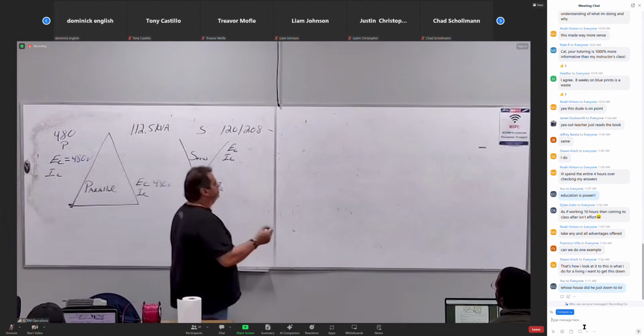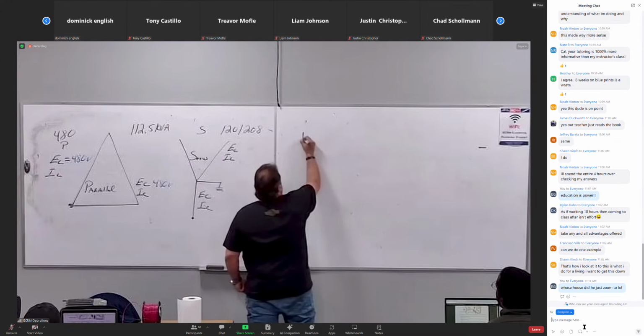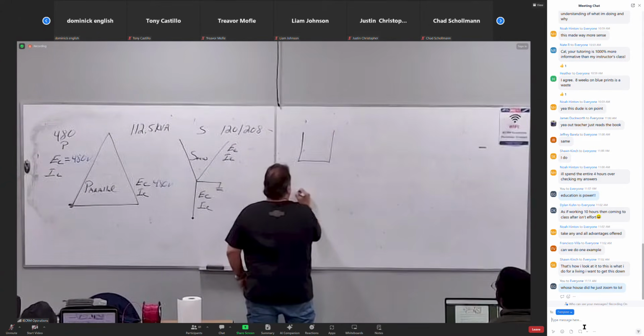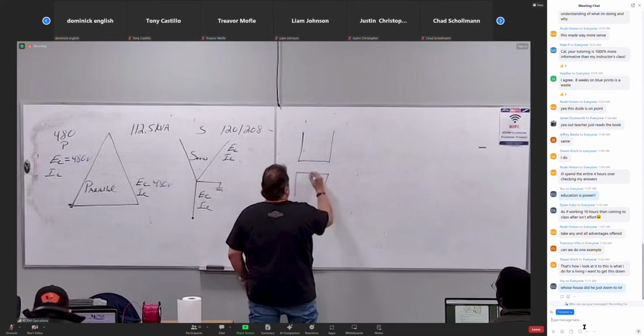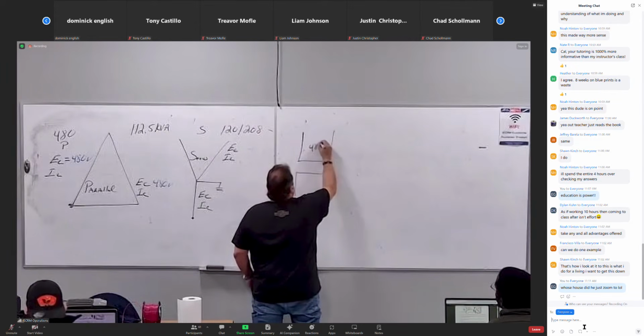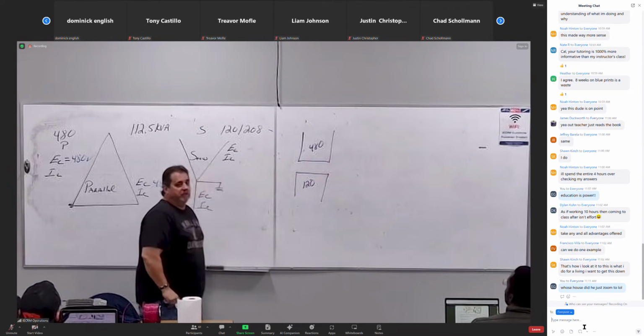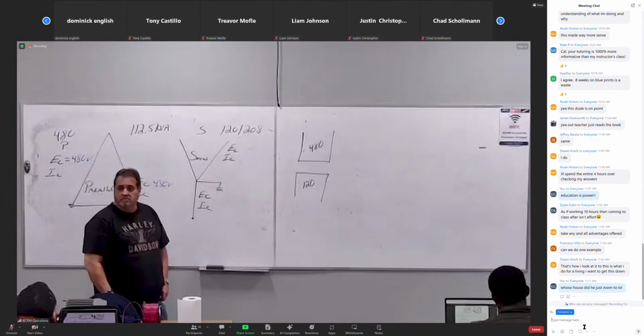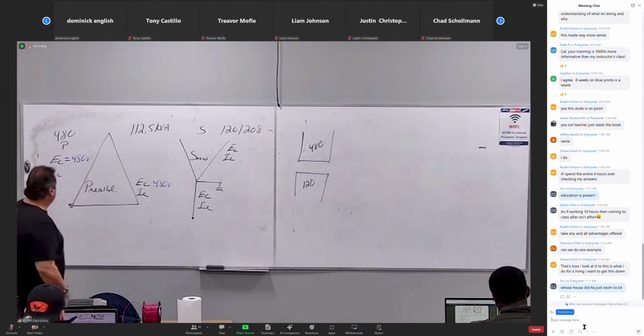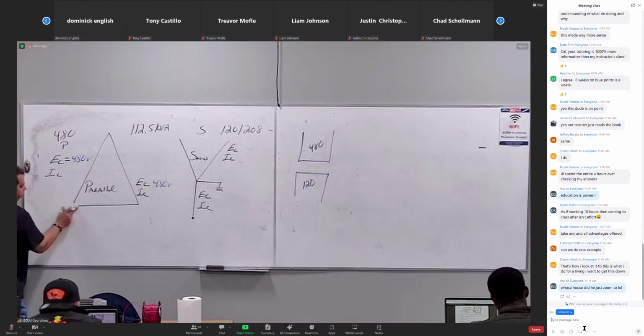These transformers here are single phase transformers that look just like that. These are 3 separate windings.